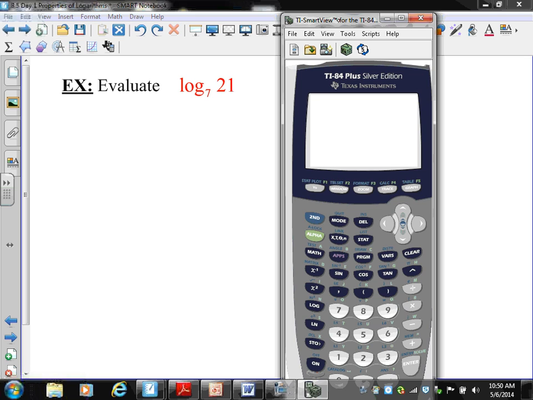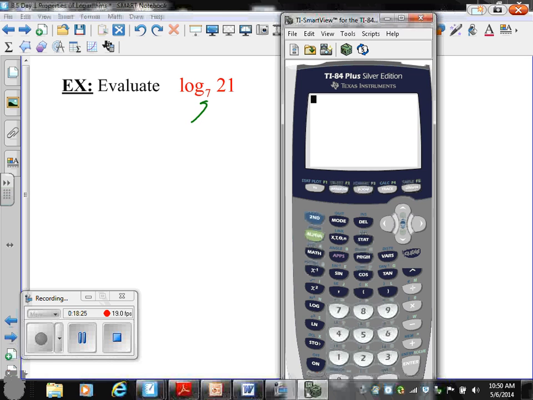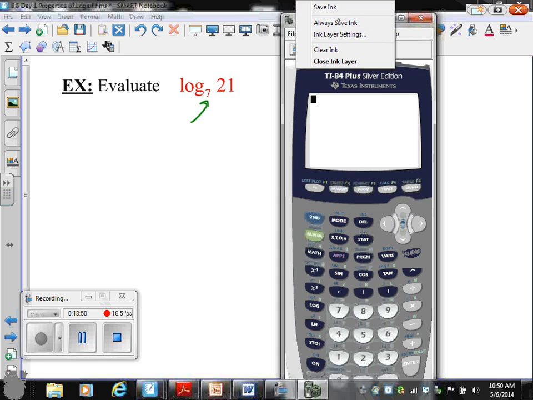If we had base 10, I could just use the log button, right? Or if I had base e, I could just use the natural log button. But that's not the base that we have. It's 7, and our calculator doesn't have a hard button for base 7, but we do have a way to do it. Okay, if you have a TI-84, you're in a bit of luck.